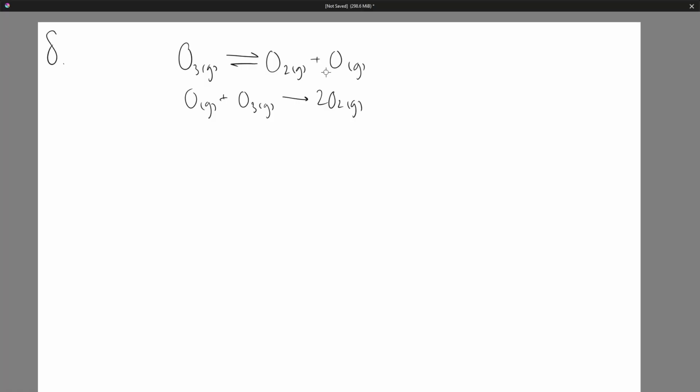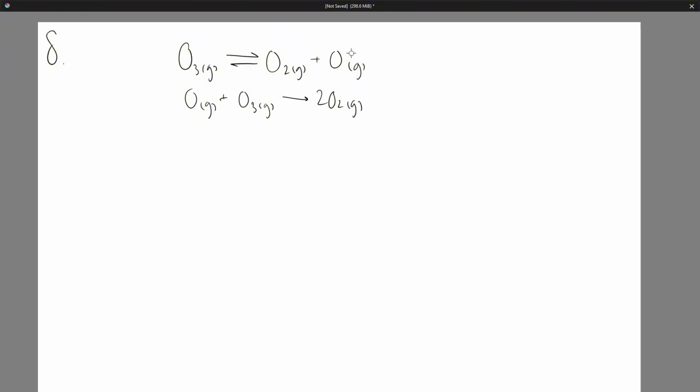Which means we just go ahead and find the overall equation. So remember, for these multi-step equations, species that are the same but on opposite sides of the equation must cancel out.